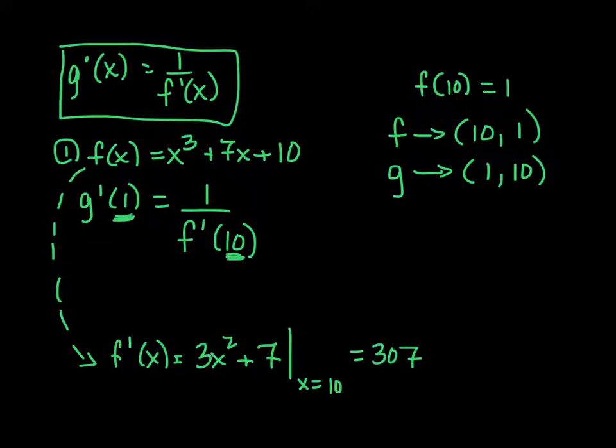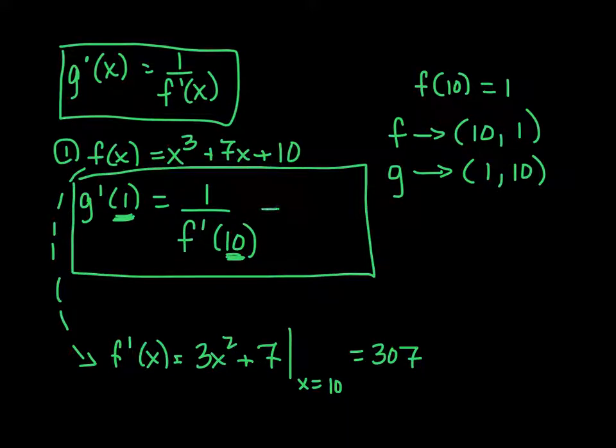Okay, so then go back up to this right here. That's equal to 1 over 307. And there's your answer.